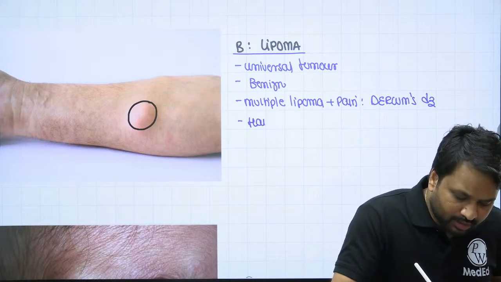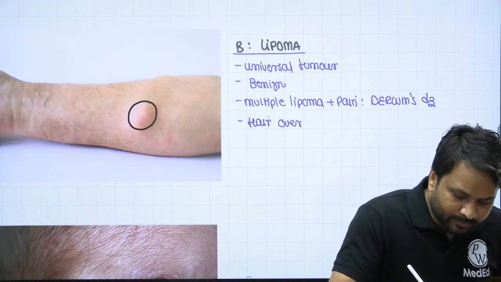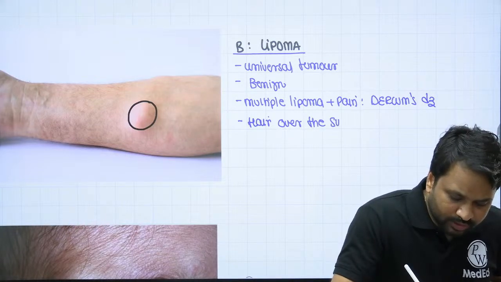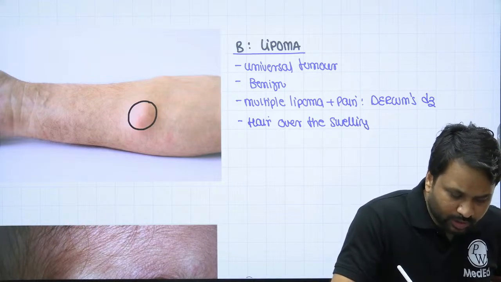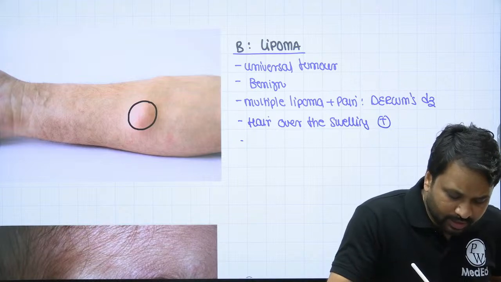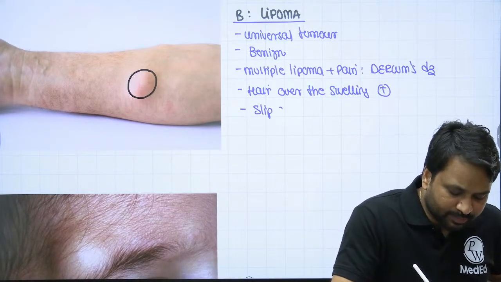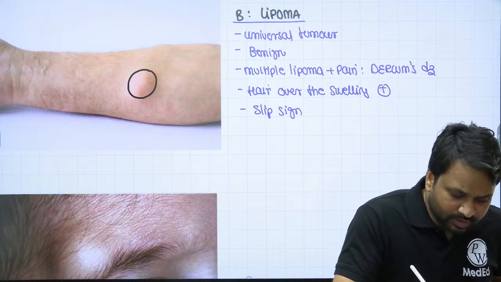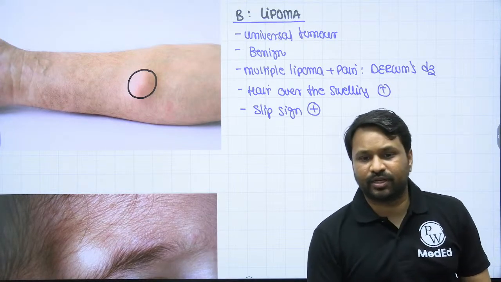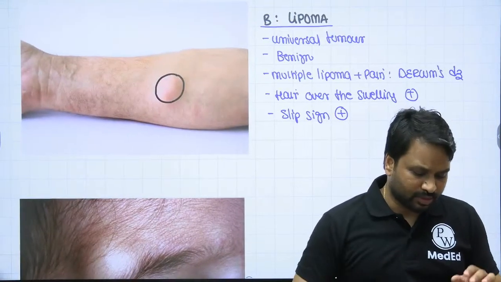Remember, hair over the swelling will not be lost. It is going to be present. And one of the most characteristic features in the lipoma is that it will have slip sign positive. Clear? Okay. That's image number B.